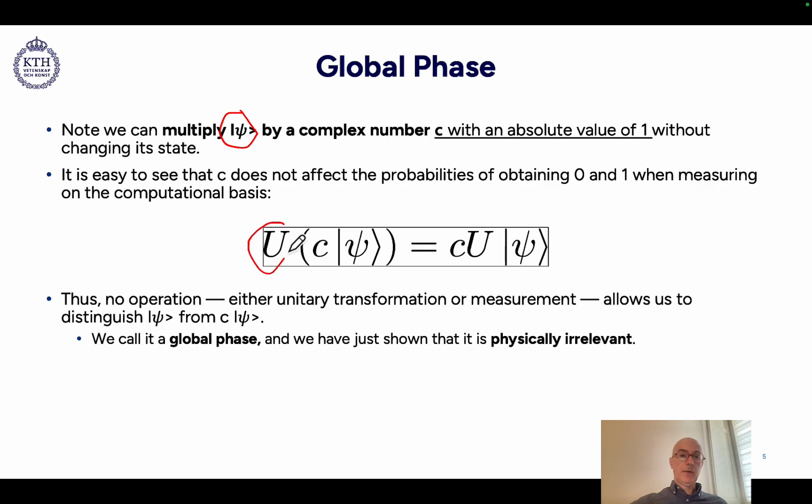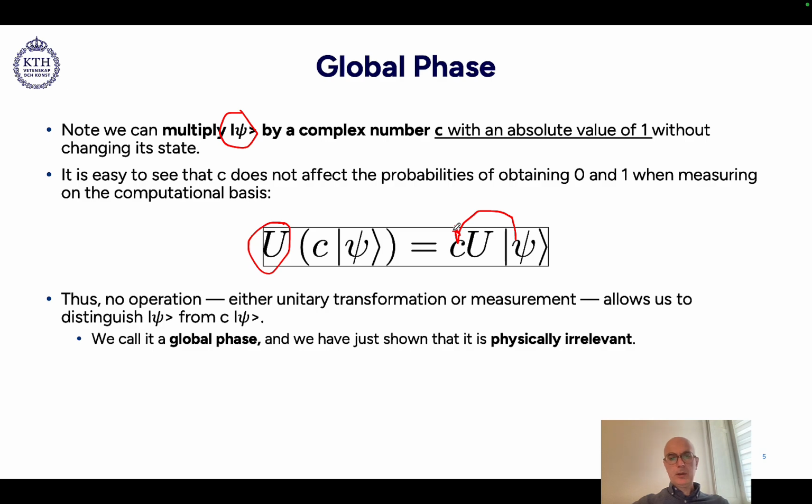For instance, if we have a unitary and we apply it to c, whose modulus is 1, multiplied by psi, this factor can go out. There is no operation, either unitary transformation or measurement, that allows us to distinguish psi from c multiplied by psi, where c is a constant with modulus 1.